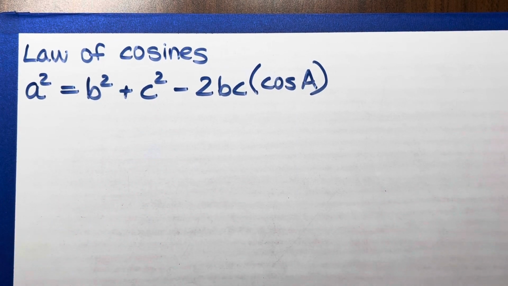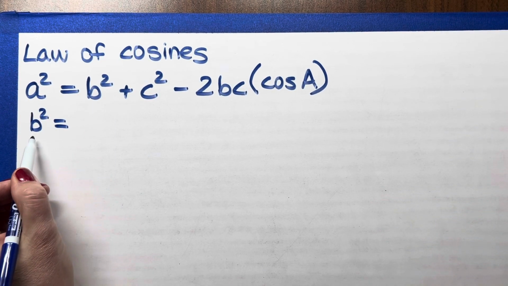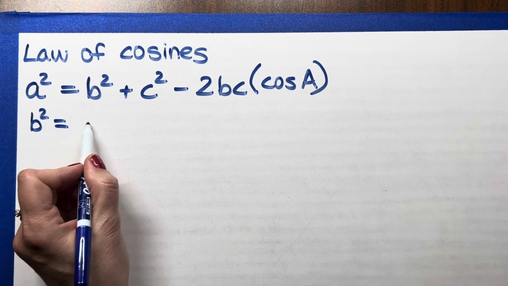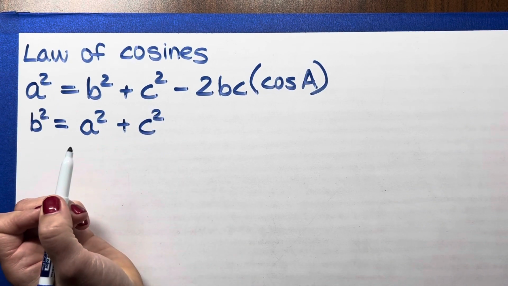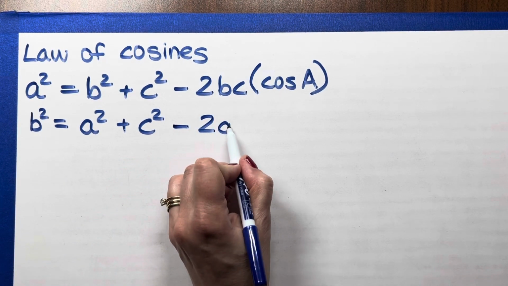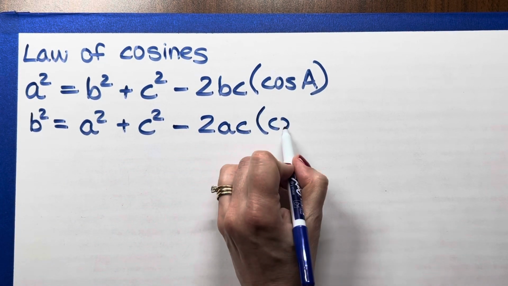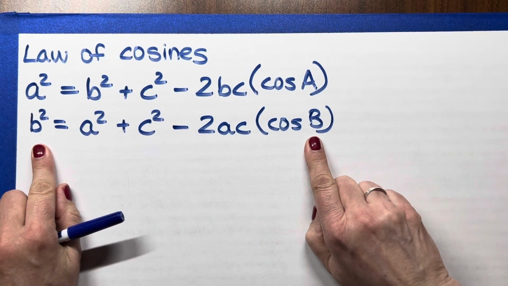Now, there are different forms of this depending on what angle or side you're solving for. So if I change my leading variable to side B and square it, that means this now becomes a squared and c squared. Those are my two squareds. This becomes 2ac, and then I have cosine B. So the first and the last match up.